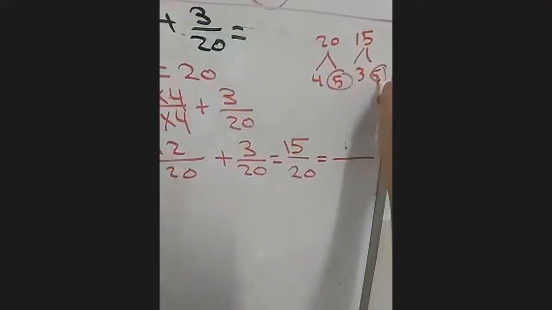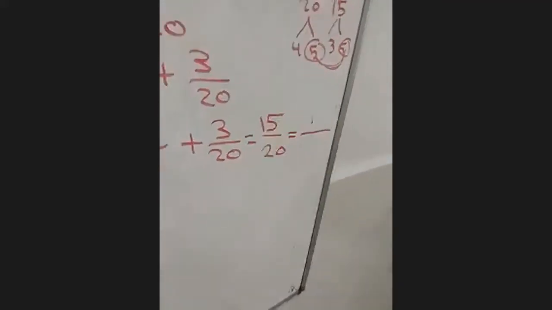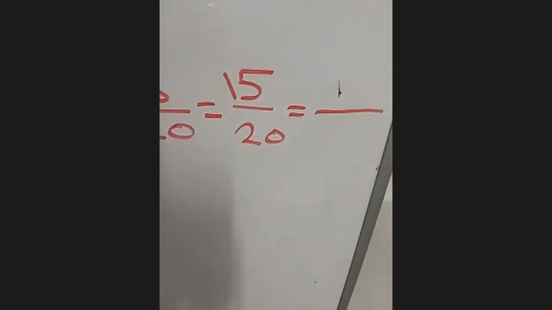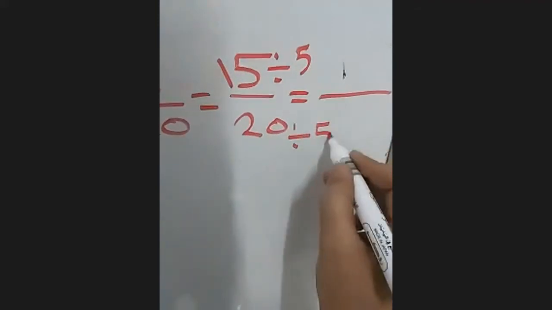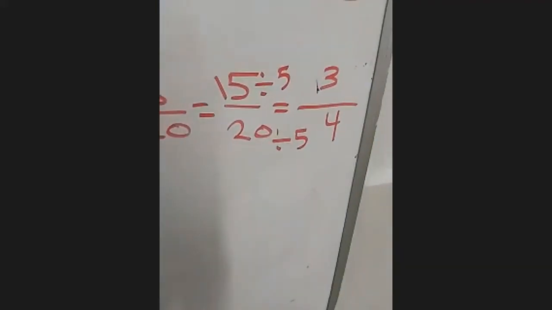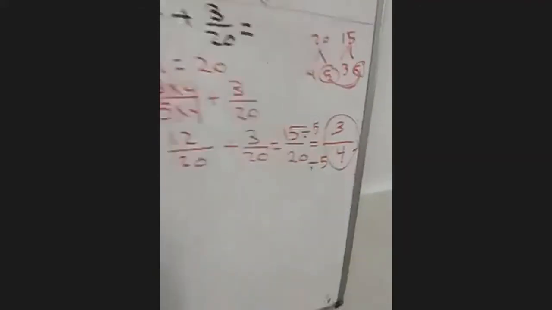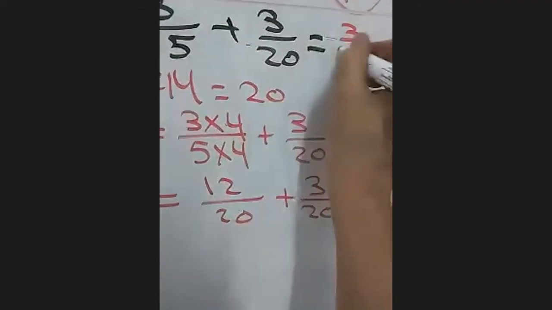What's the common? 5. So the GCF is 5. So what will I do here? Divide the numbers by 5. Divide numerator by 5 and denominator by 5. Up, divide by 5, down, divide by 5. It will be 3 over 4. Good. Do you understand it? Yeah, I understand. So 3 over 4 is the final answer.